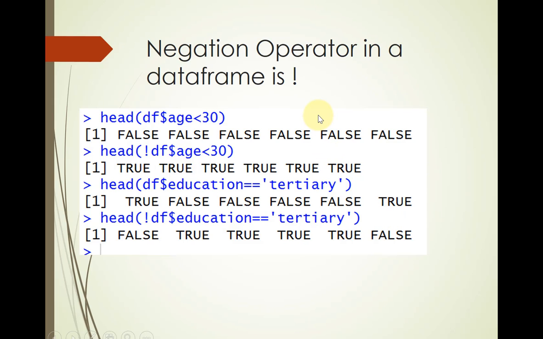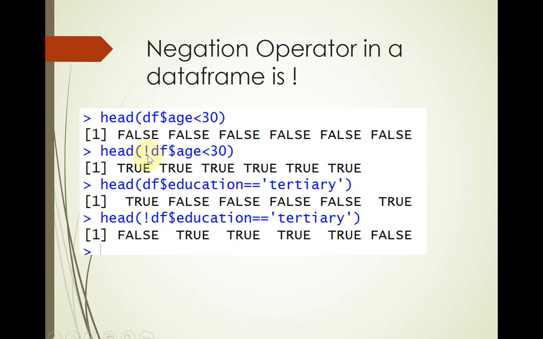The negation operator in a data frame is this symbol, the exclamation mark. Here we have age is less than 30, and we get a bunch of falses. But if we do not, meaning age is not less than 30, wherever it was false, it becomes true. Here I just used the head function, so I only got the first 6 results, and they were all false.